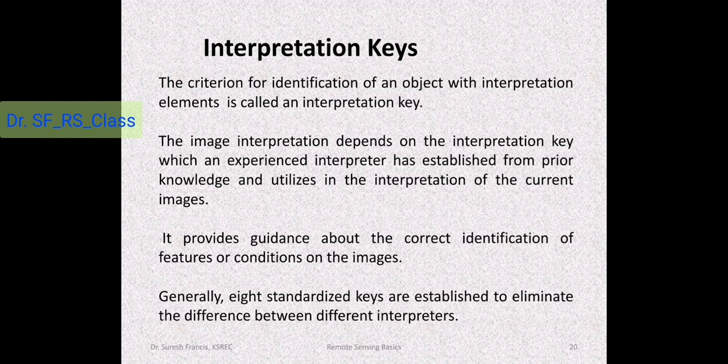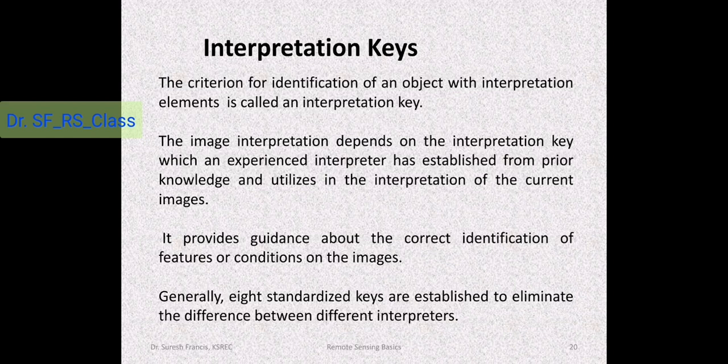So if more than one person interprets, you will have some common features, common boundaries and all other things, so that the interpretation won't vary much if a common framework is maintained. The criterion for identification of an object with interpretation elements is called an interpretation key. So if you use interpretation elements as criteria for identifying objects, you call it an interpretation key. Based on the key, you will be able to identify and establish prior knowledge and utilize it in the interpretation of the current image.